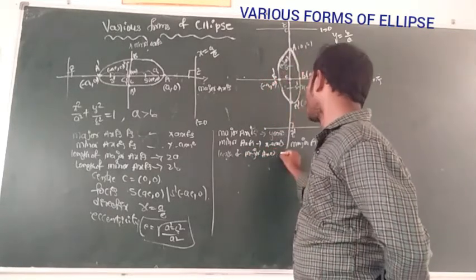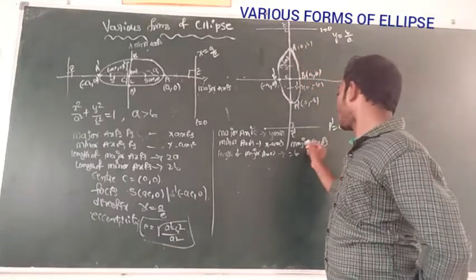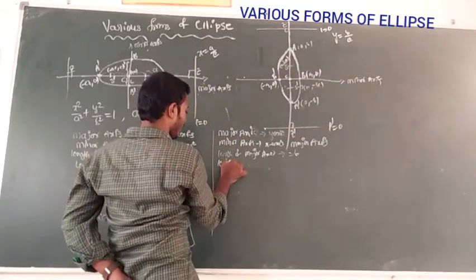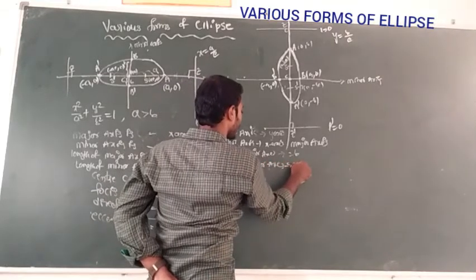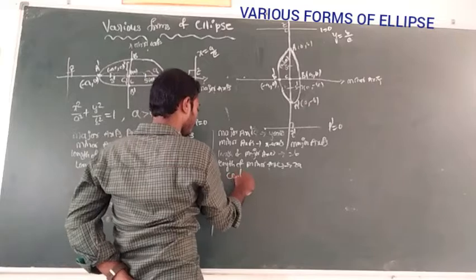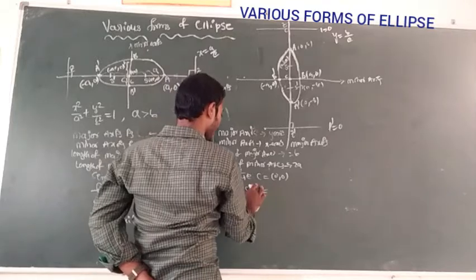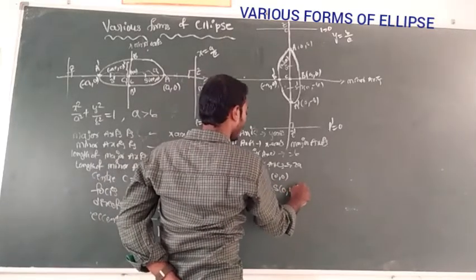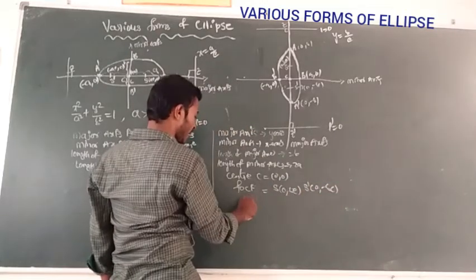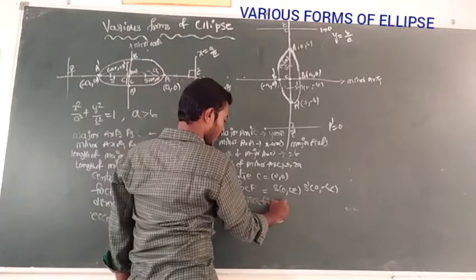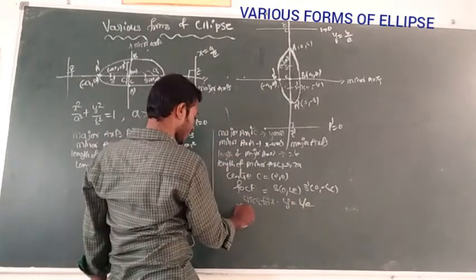The length of major axis is 2b, and the length of minor axis is 2a, and center C equal to, as usual, (0, 0), and foci S at (0, b) and S dash at (0, -b), and directrix. Here we will see the directrix, y equal to b by e, and eccentricity.